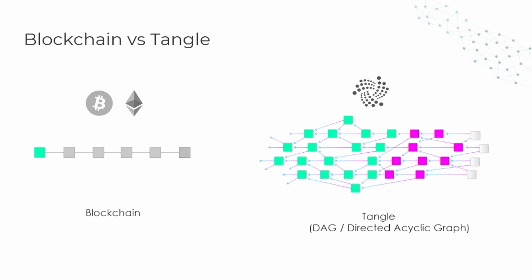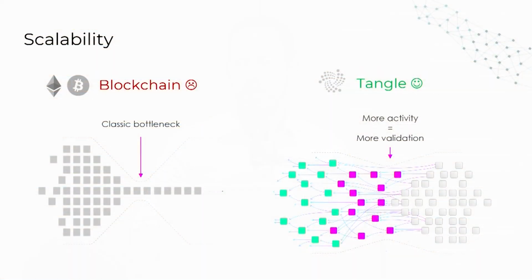Why do we want to have this tangle? I will give you two intuitions on where we are likely to gain from this different data structure, which is more complex but also more fluid and dynamic. One idea is that scalability can be improved. In a blockchain, since one transaction goes after another, this creates a natural bottleneck, and we cannot reach a certain speed in terms of throughput.